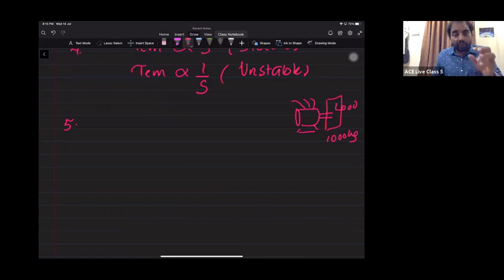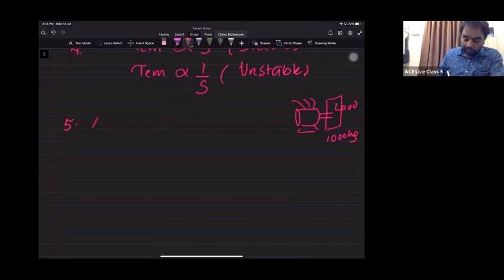If they are able to earn the money required for the household needs for a month, then they are stable. But if they are not able to earn the required money for a month, then they will be unstable. The same is the logic here. If the motor is not able to produce the required torque to drive the load, then it cannot rotate. It is unstable. If it is able to produce the required torque to drive the load, then it is stable. Is this point clear? Confirm to me.